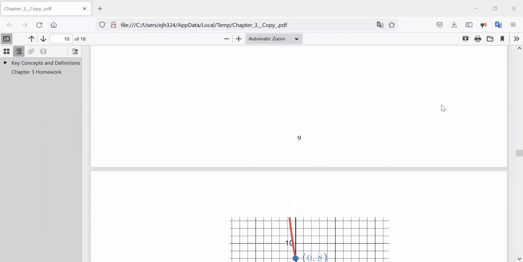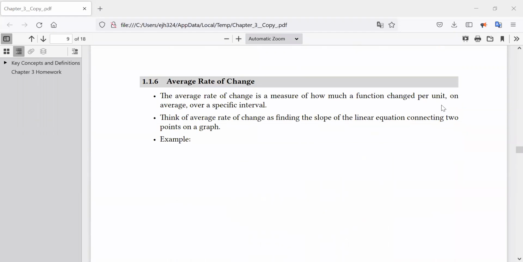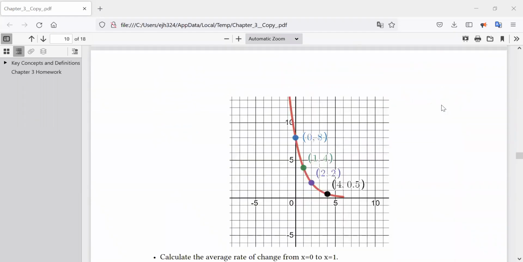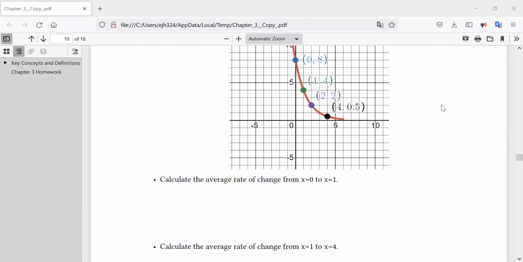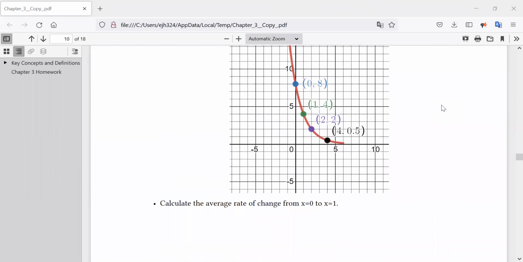So we can also talk about the average rate of change over an interval, right? If we want to calculate the average rate of change between (0, 8) and (1, 4), what would that rate of change be?